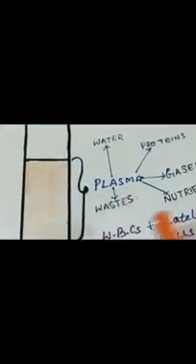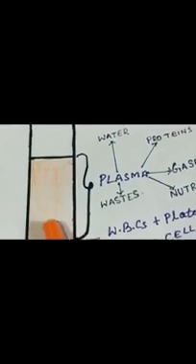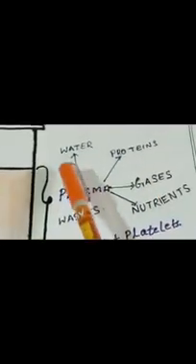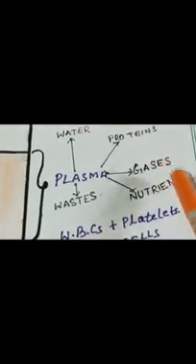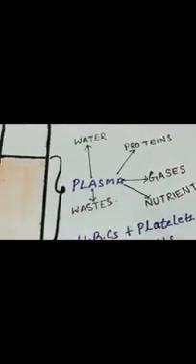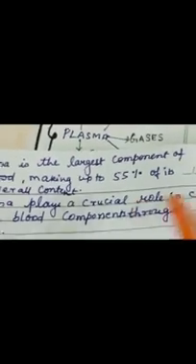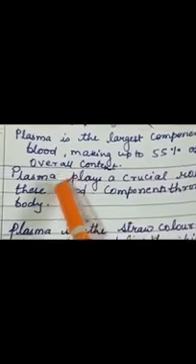Now if you extract the plasma from blood, it will look straw colored or pale yellowish, and it will have water, proteins, gases, nutrients and waste. So what we learnt about plasma is that plasma is the largest component of blood, making up 55% of its overall content.